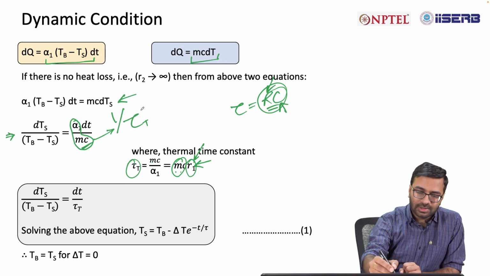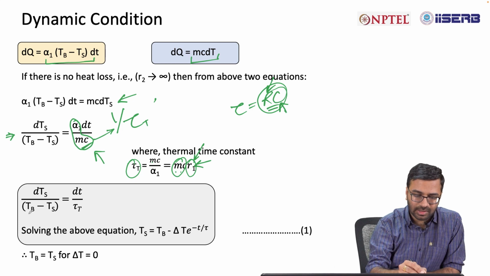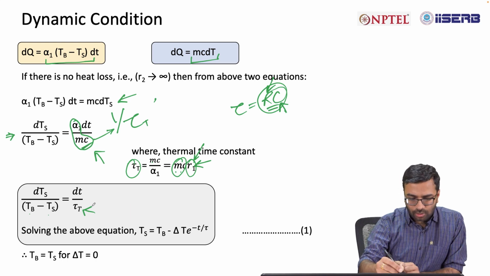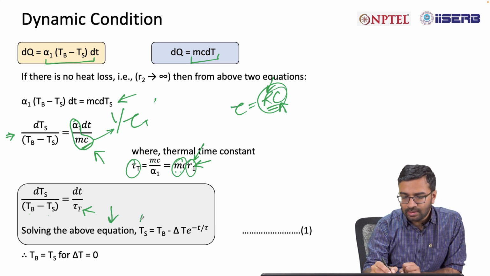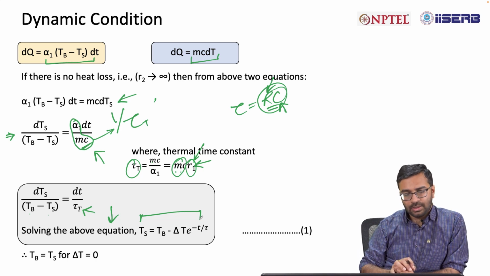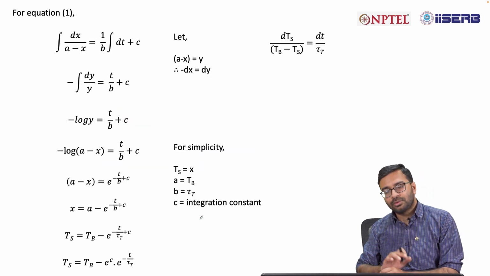Then we replace this value in this equation, we will get dTs divided by (Tb minus Ts) is equal to dt by tau t. Now, once you solve this equation, you will get this equation, right. Now, let us see the derivation of this particular solution.